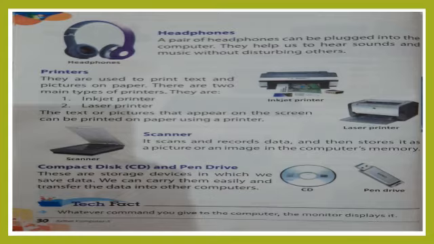Now, the next part is printer. It is the device that helps us to take a print on paper of what we see on monitor. We can take the print of text or pictures on paper with the help of printer. There are two main types of printer. One is inkjet printer and second is laser printer.